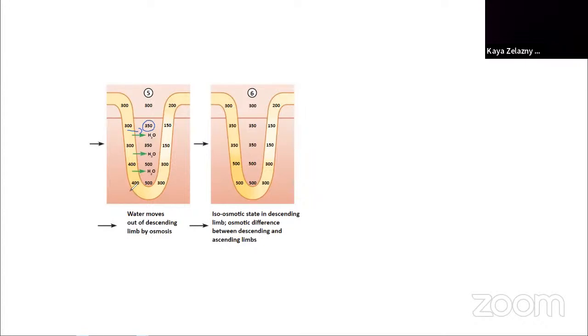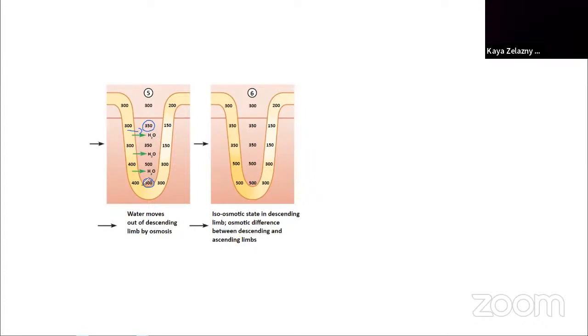But as we get deeper into the medulla, we'll see that we always need a gradient for water to move. And there's less of a force for water to move as we go deeper into the medulla. So more water is able to move across in this more superficial portion of the medulla.